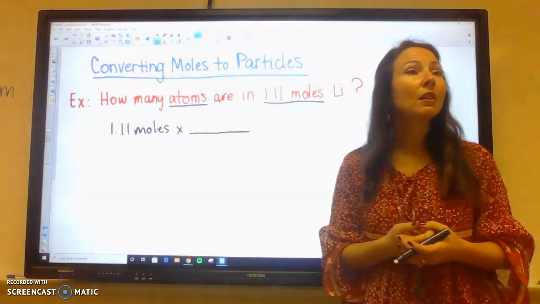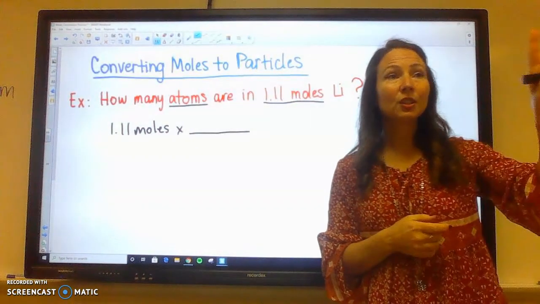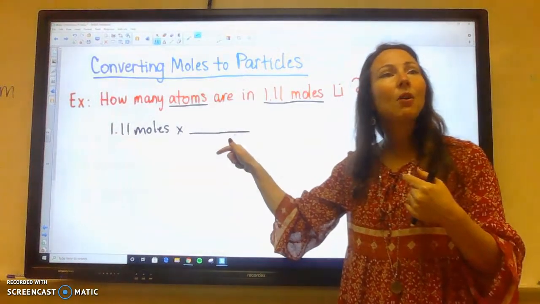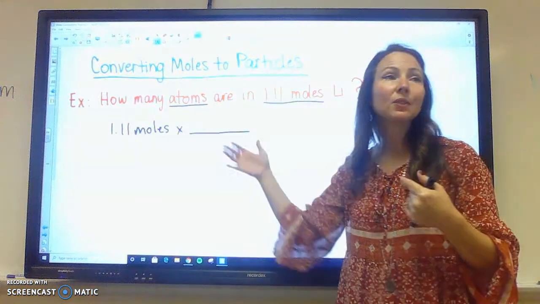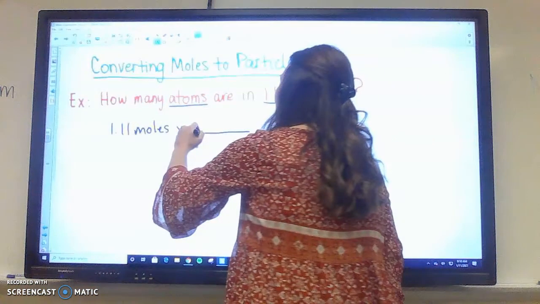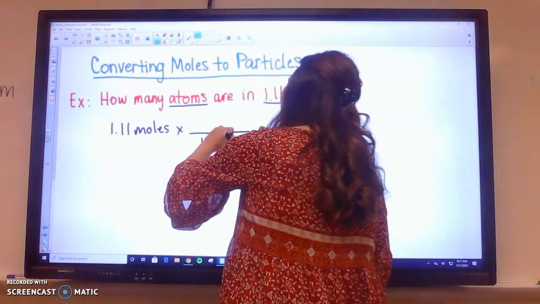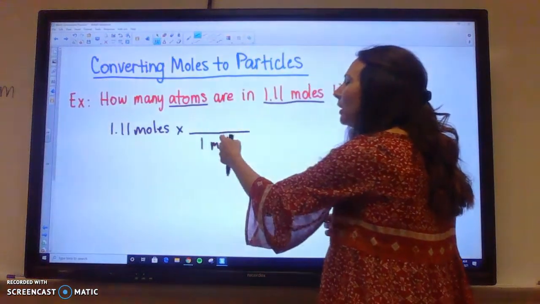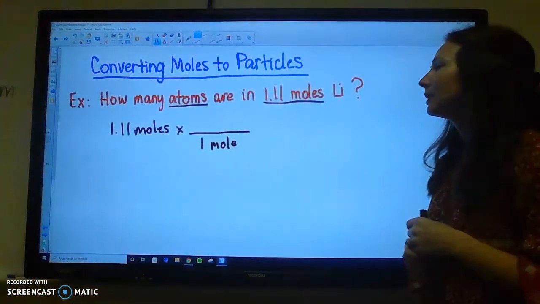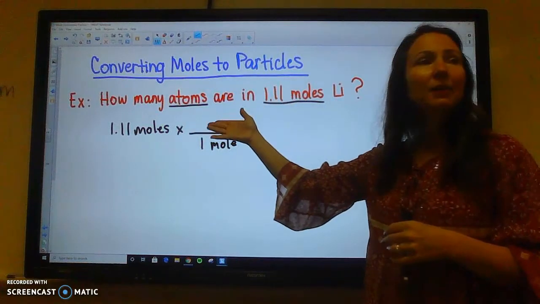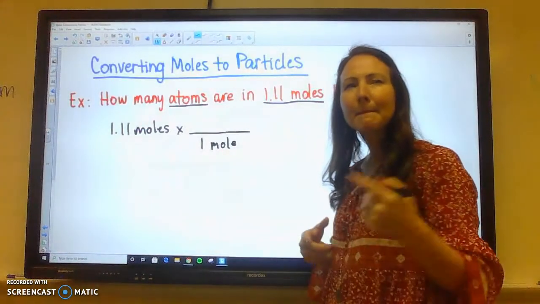Every time we use mole in the conversion, it's just 1 mole. Since I'm starting with the unit of moles, I need moles in the denominator so it can cancel with itself. So in my denominator, it's going to be 1 mole. I'm always going to use a 1 with the mole in my conversion. The number of atoms that make up a mole is Avogadro's number. So what's that again?